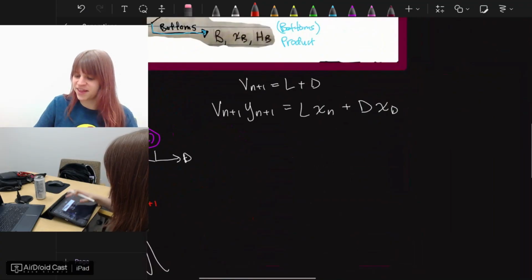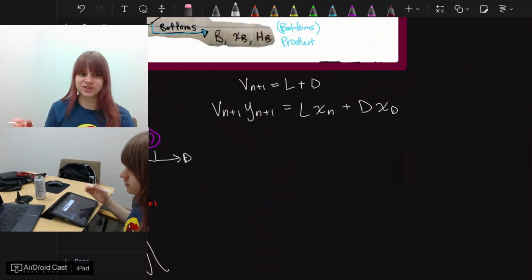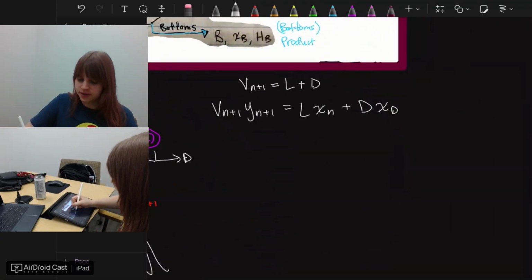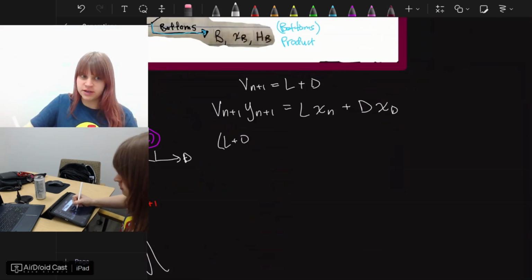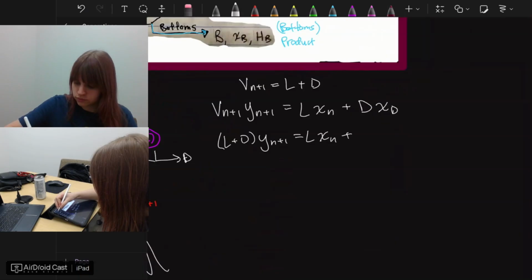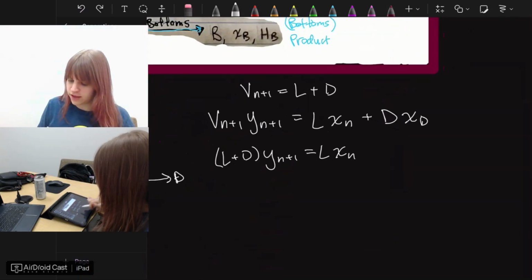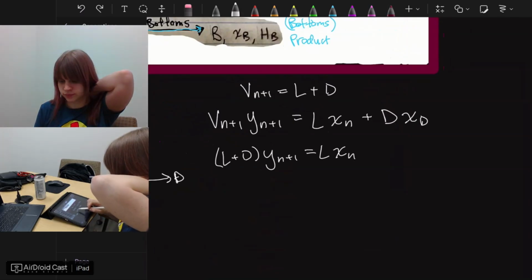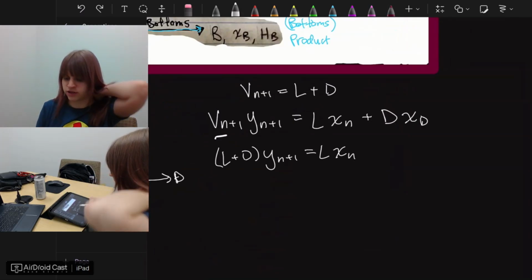Hopefully I'm explaining that correctly, in an understandable way. But yeah, with some algebraic manipulation, basically I'm replacing this Vn+1 with L plus D in this equation.